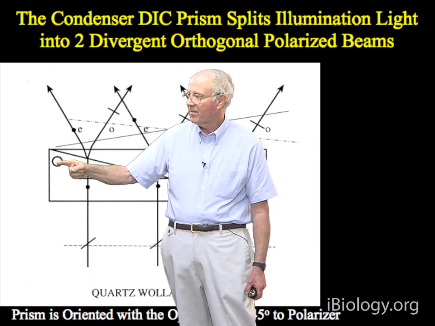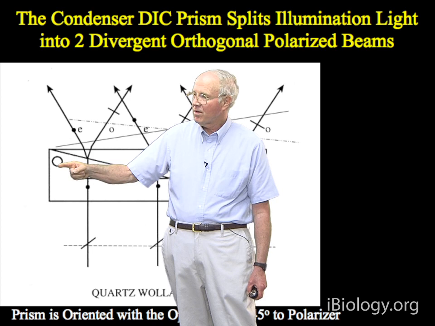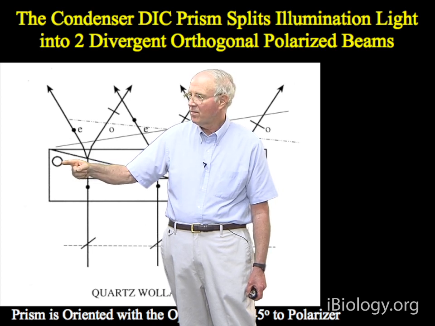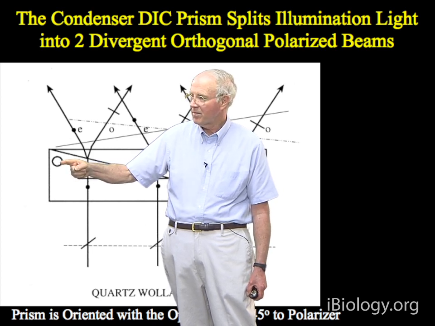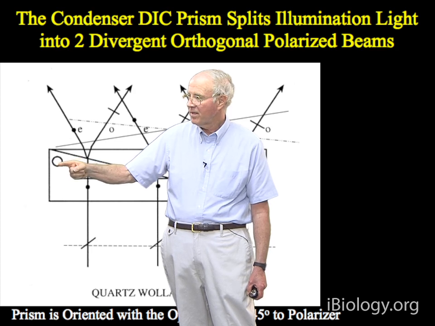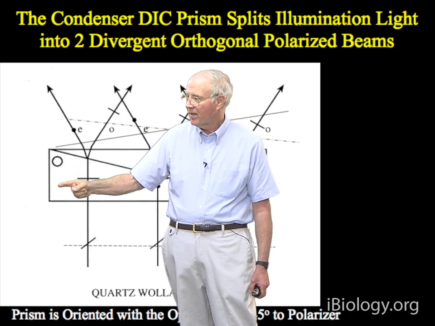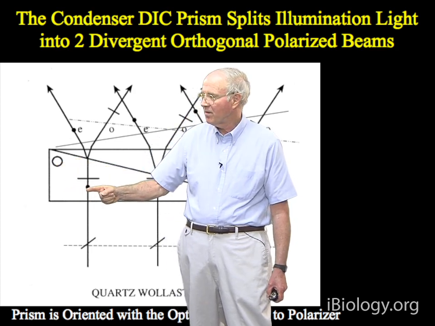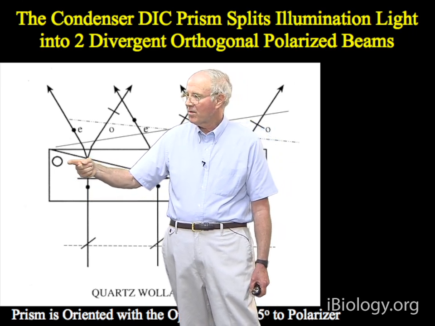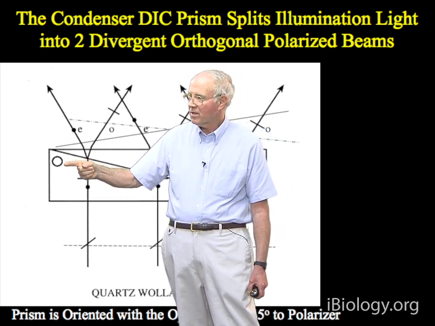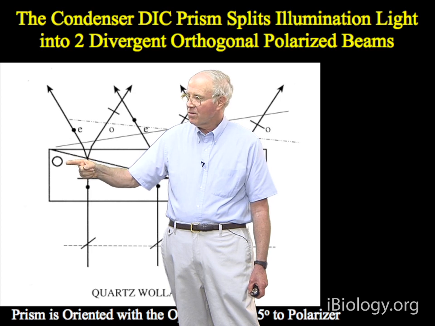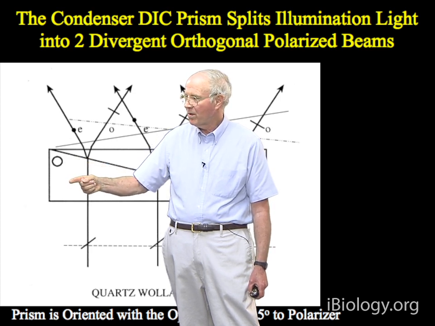And so what's called the n sub e value in the direction of the axis of symmetry of the quartz crystal is into the board, and that's this one, and that has a higher refractive index. And the n sub O value for quartz, which produces a wave perpendicular to it, is in the plane of the board.